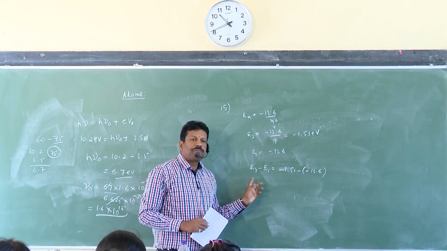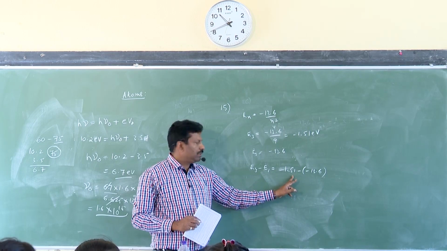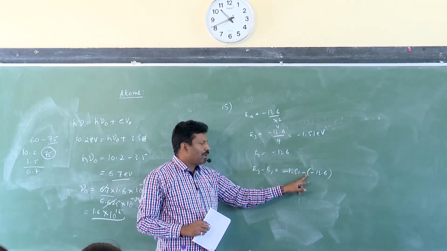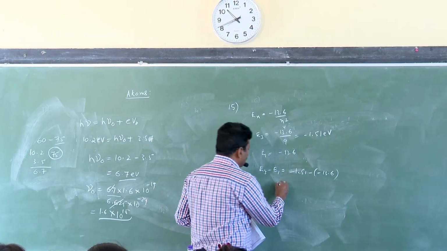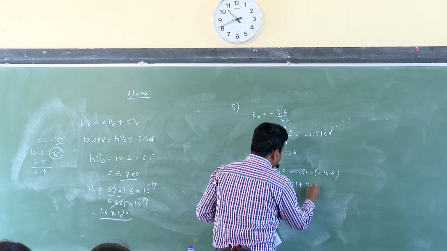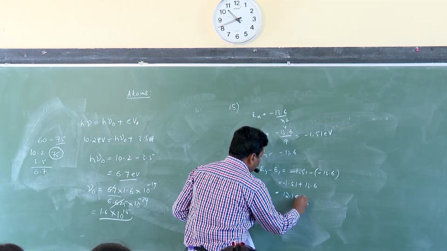Always you have to subtract like this only, right? E3 minus E1, E3 is minus 1.51 minus of minus 13.6, which is minus 1.51 plus 13.6, 12.1 electron volt.